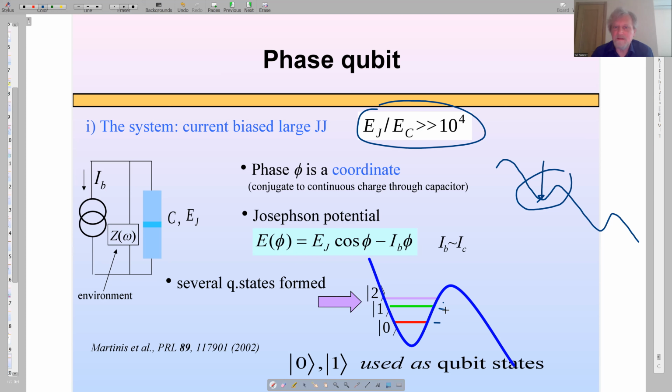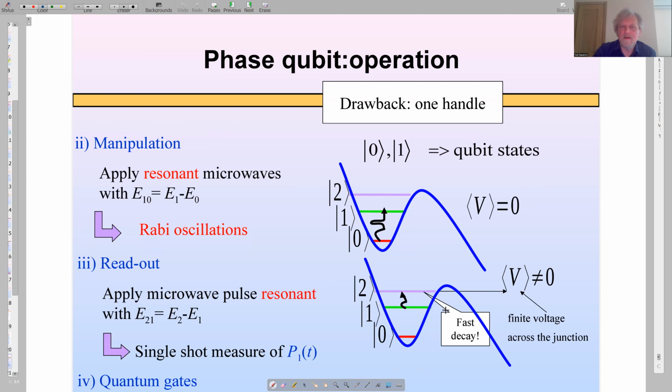Eventually, any two states from a set can be used as a qubit state. Why it was especially interesting, we will see in a second, when we discuss the manipulation and breakdown. Good. First, manipulation.